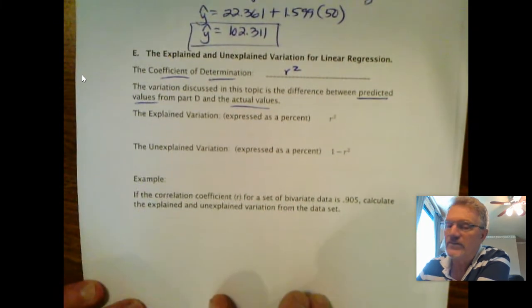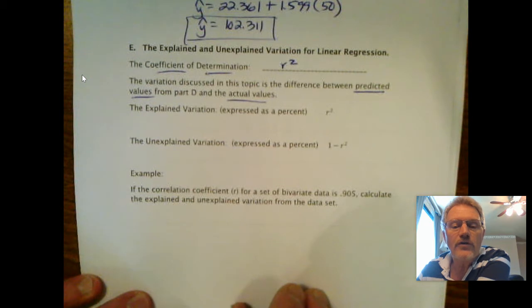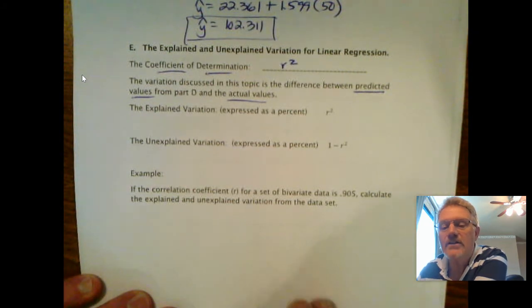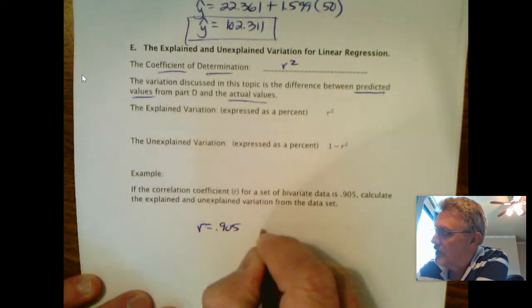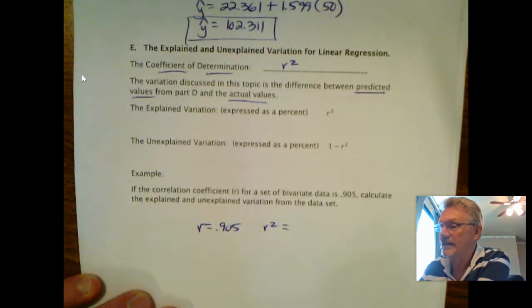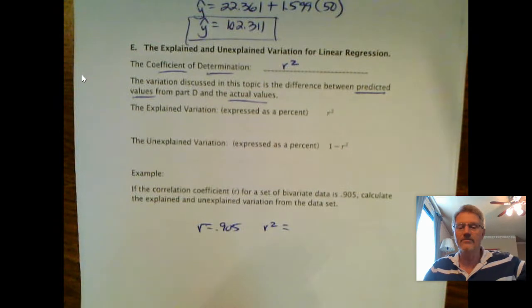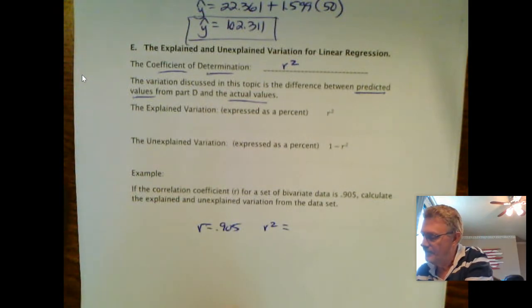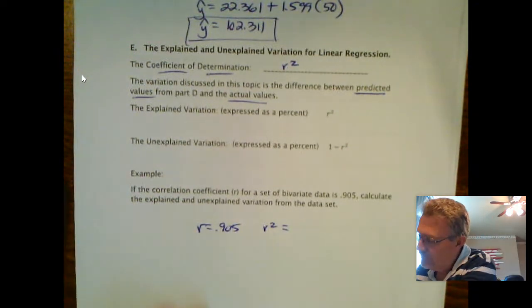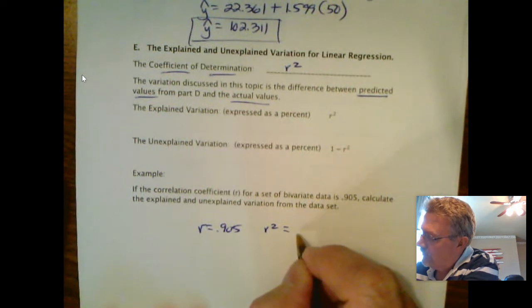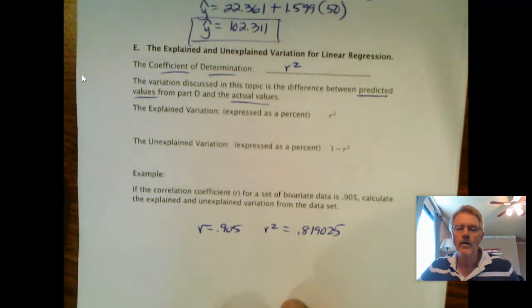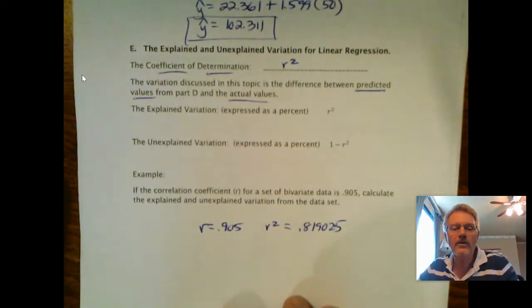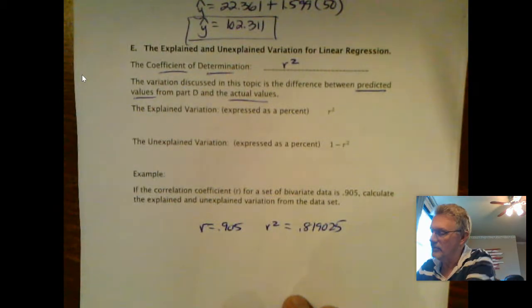Okay, so example. If the correlation coefficient r for a set of bivariate data is 0.905, then r squared is really just 0.905 times 0.905, which is 0.819025. Calculate the explained and the unexplained variation from this data set.